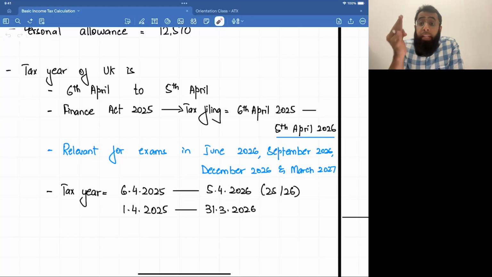Basically, the tax filings of 25-26 will go on till the start of 2027. In the examination, we can round off 5 days and write it as 1st April to 31st March, to make things easier for us.